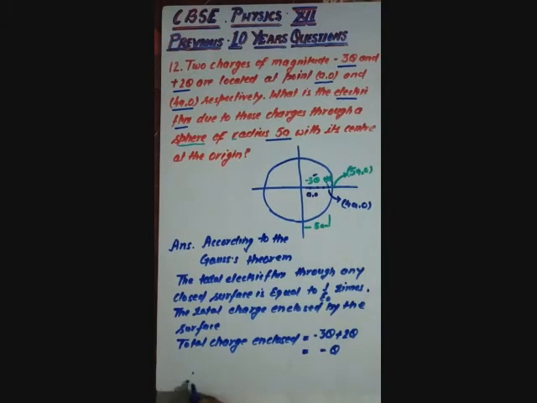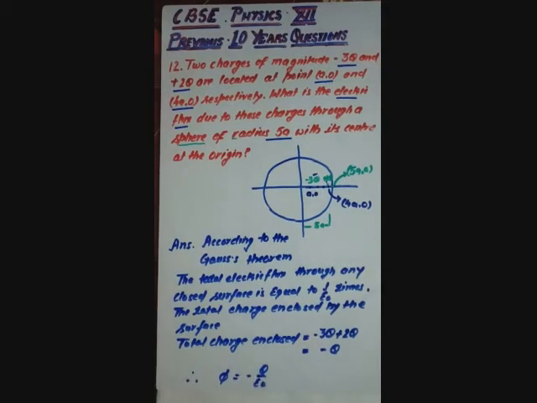Therefore, the total flux will equal negative q upon epsilon naught.